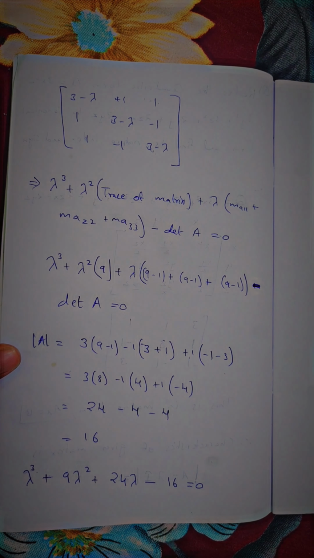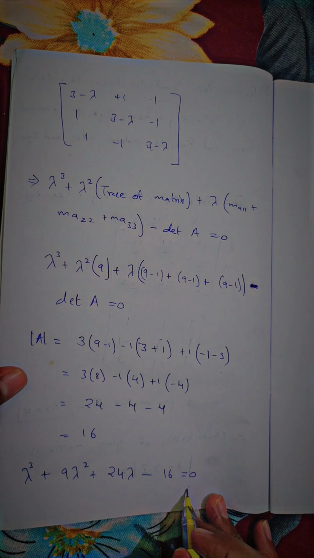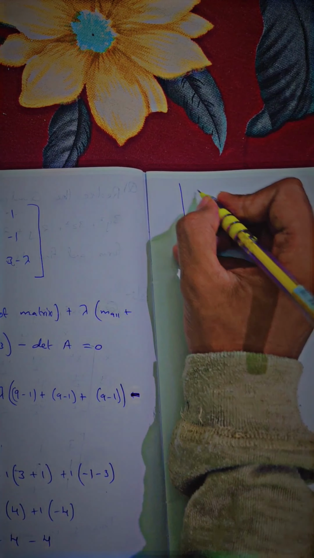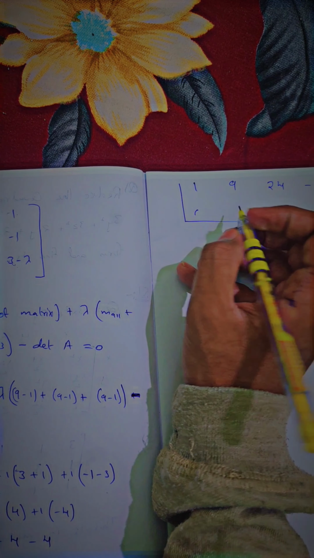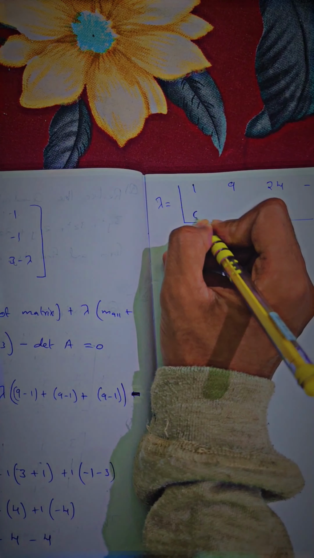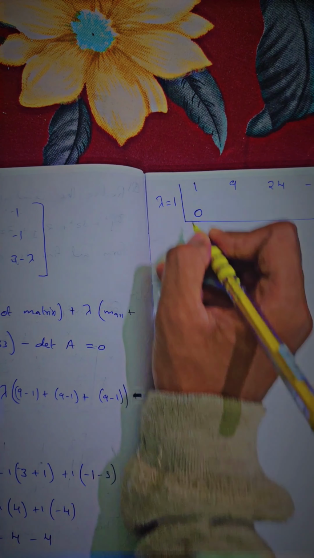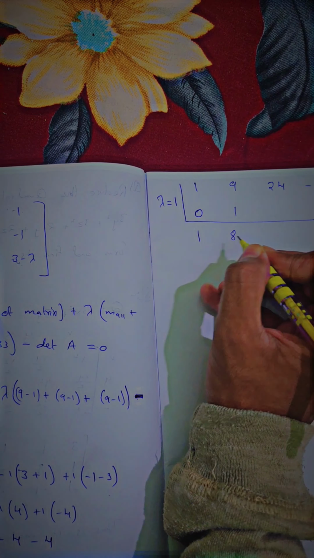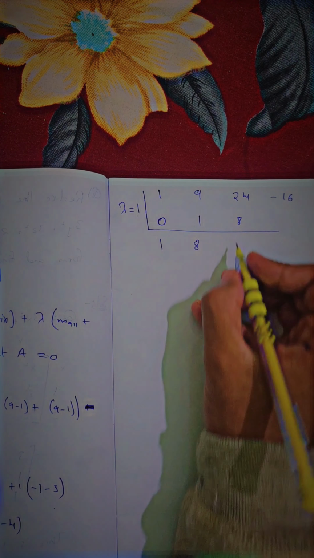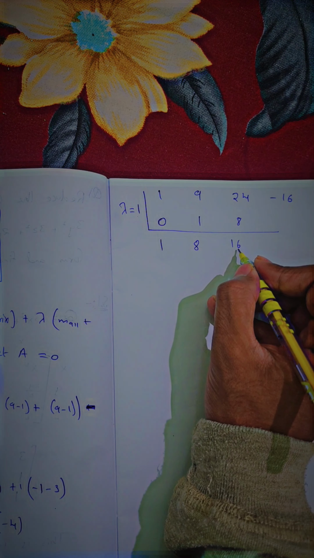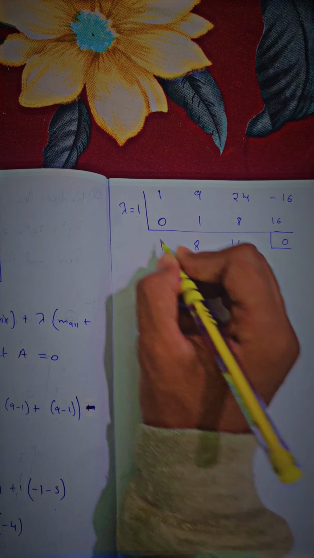Now we need to find eigenvalues. For that we can write it here in equation form: 1, 9, 24, minus 16. Okay, so let lambda is equal to 1. Let's take 1. So 1 into 1 is 1, 1 plus 8 is 9, 9 plus 24... so the result is 0.